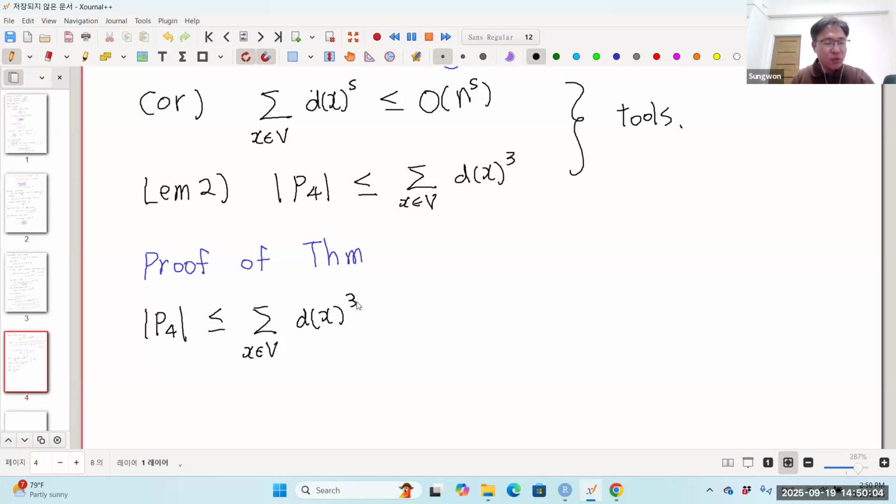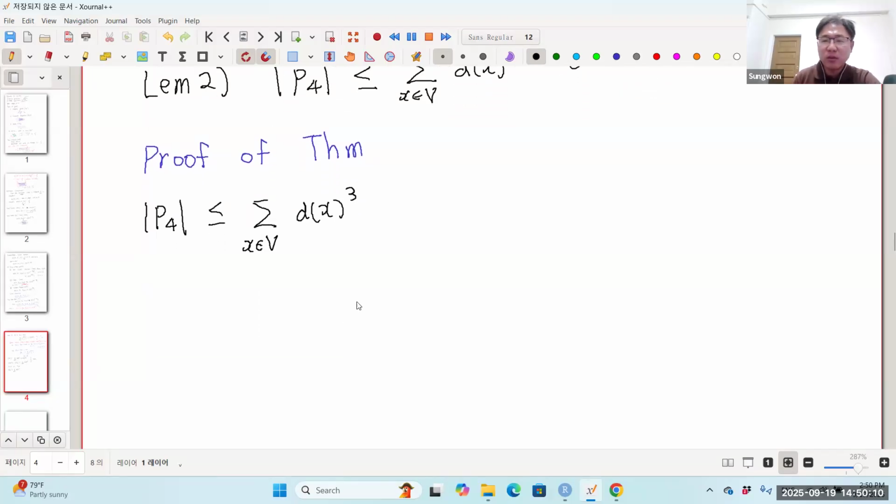But then here I'm using Holder's inequality. Maybe the undergraduate students are not familiar with this inequality, but it's a very, very, very efficient tool. So here's Holder's inequality.